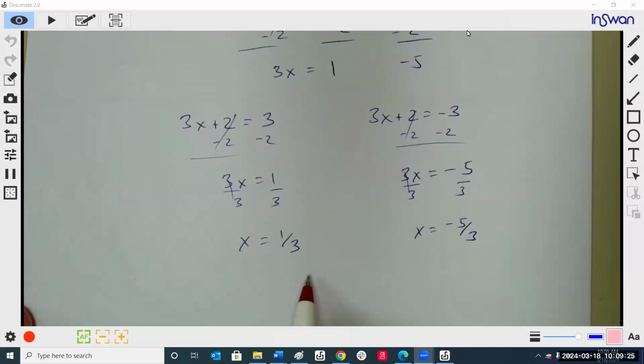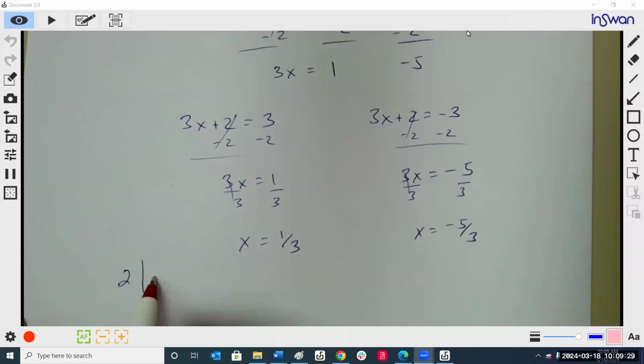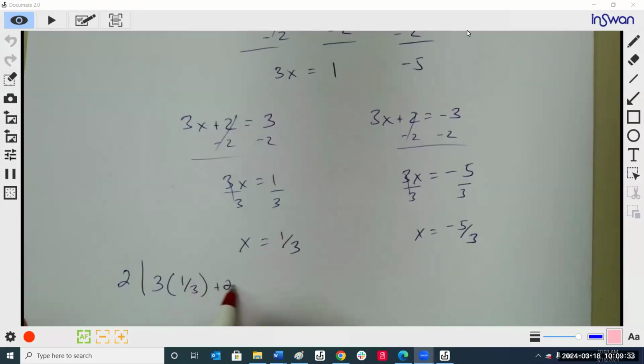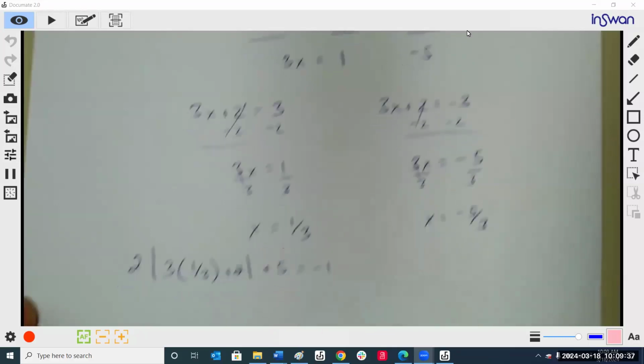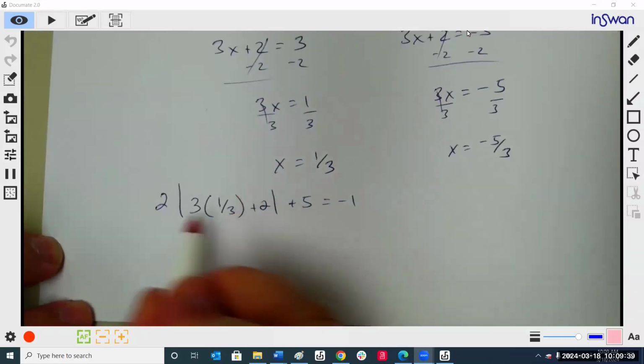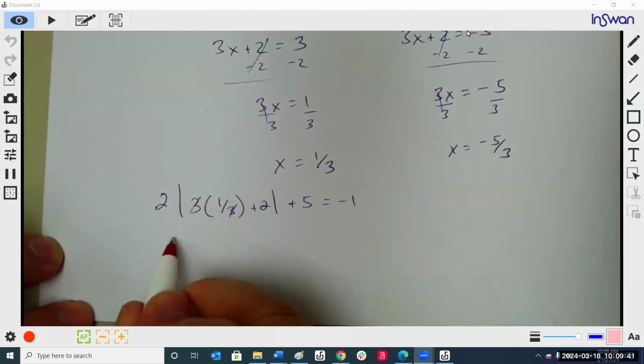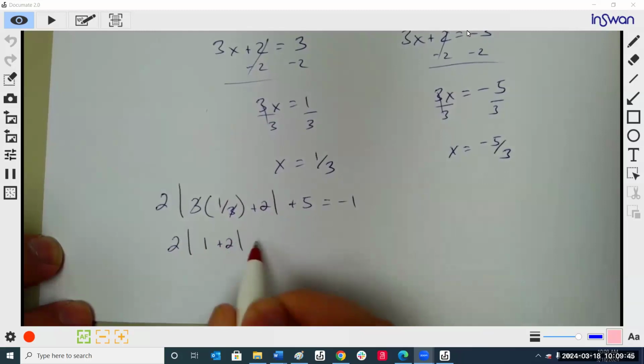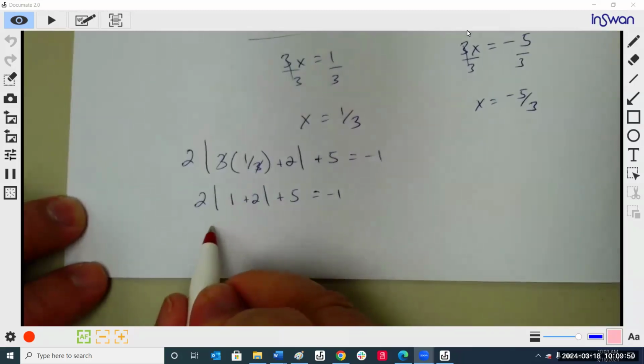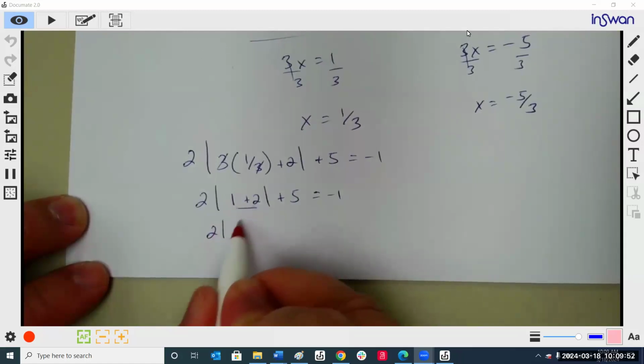All right, so let's check the answers. So we have 2 times the absolute value of 3 times 1/3 plus 2, plus 5 equals -1. The threes cancel, so we have 1 plus 2 plus 5. 1 plus 2 is 3.